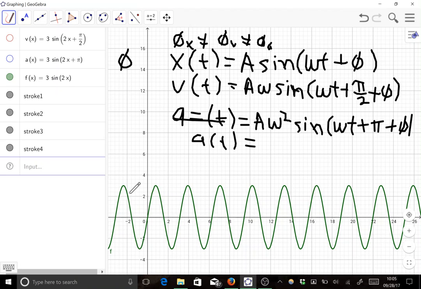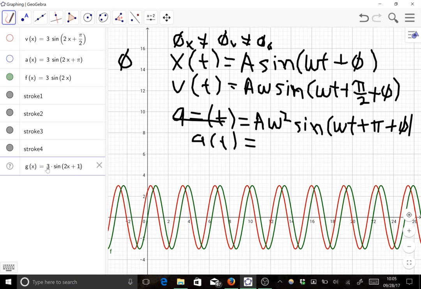If we plot a traditional sine function like this, you'll notice that when time is equal to 0, the position is equal to 0. If we were to make some other function, let's just call it g of x, with the same amplitude and the same omega value, but now let's add some phase, something like 1, sure.